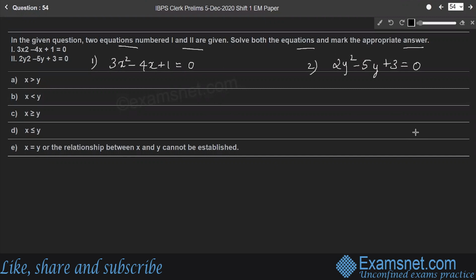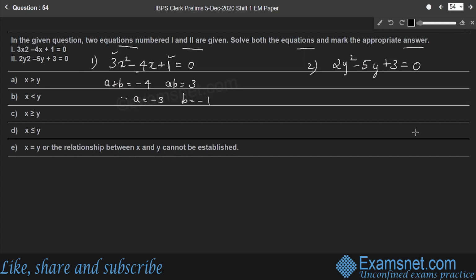So here the coefficient of x square is 3 and the last number is 1. So AB is equal to 3 into 1, that is 3, and A plus B is equal to minus 4. Therefore, A is equal to minus 3 and B is equal to minus 1. You can interchange the values: A can be minus 1, B can be minus 3.